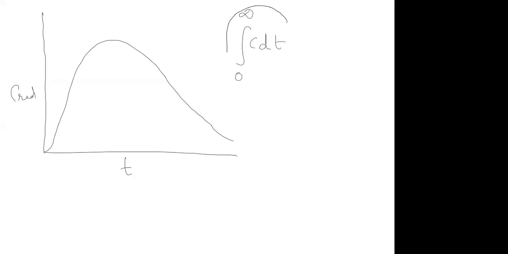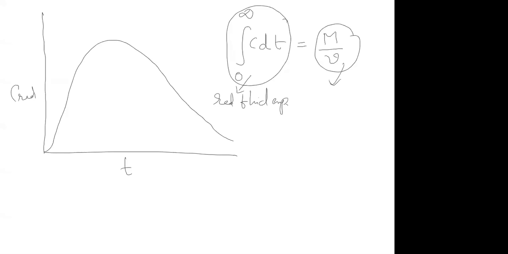So this integral of C dt from 0 to infinity is the amount of red fluid that you injected, which is equal to m divided by v. This is the red fluid from the experiment, and this is the red fluid theoretical, the red fluid added. If these two are exactly equal, then your experiment is perfectly aligned.